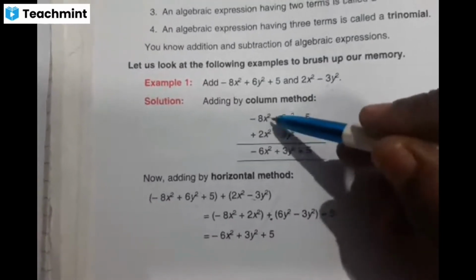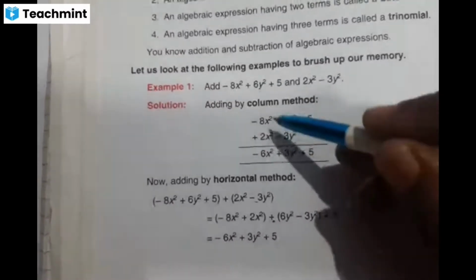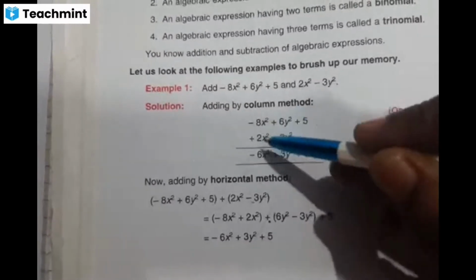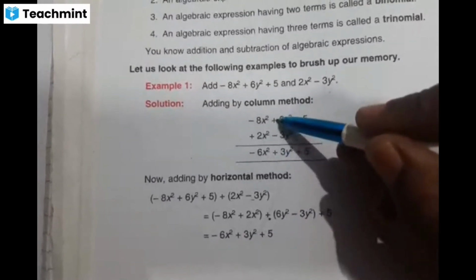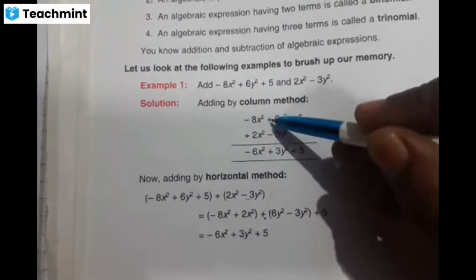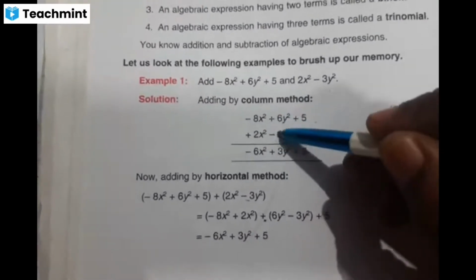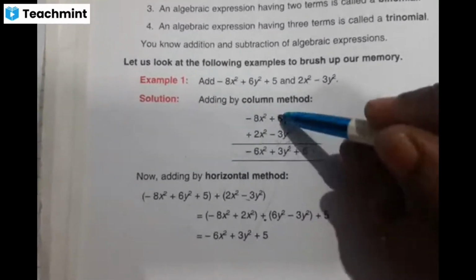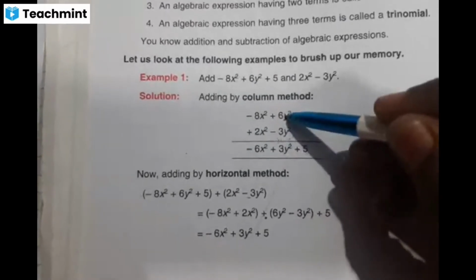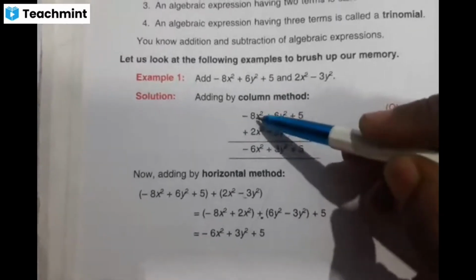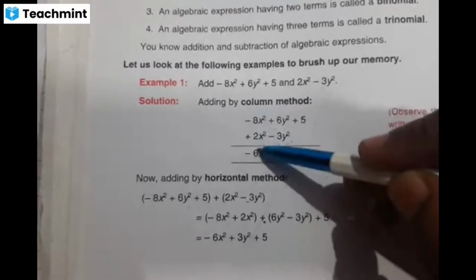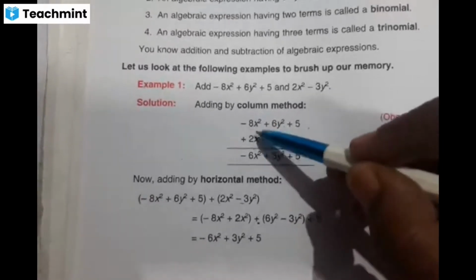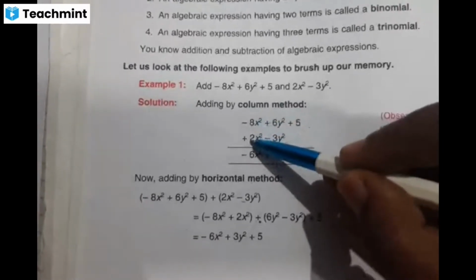Next, 6. You have to consider the signs, children. Here you have to be very careful with the signs or operations. Plus and minus you have. When you have plus and minus, you have to subtract. 6 minus 3 is 3, y square as it is. Then in the next term, you have minus 8 plus 2.